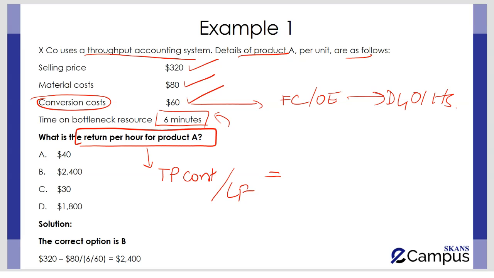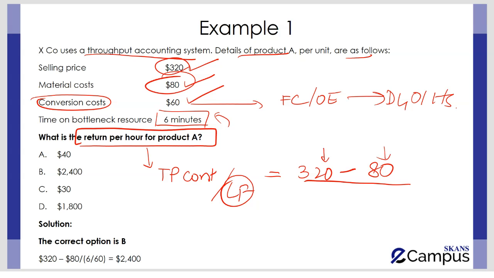Throughput will be selling price 320 minus direct material cost 80, right? Divided by the limiting factor of 1 unit. And why limiting factor per unit? Because selling price and material cost throughput contribution is being calculated in per unit. So like with like, right?